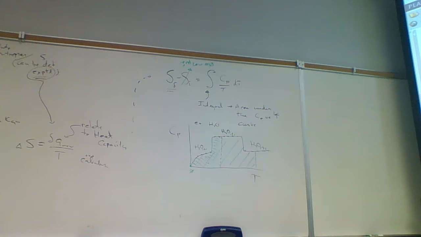Right now it's 68, that's a little on the cool side. But if you're going to pick a temperature, would you pick 0 degrees C? Would it be the most useful? No. Probably the most useful temperature to know entropies would be 25 degrees C, room temperature.